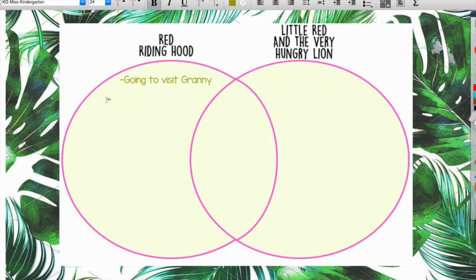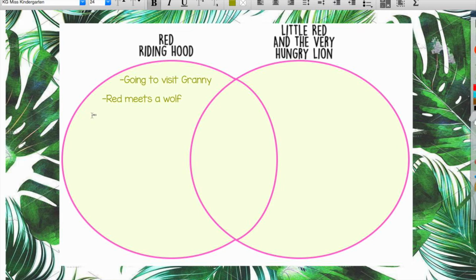Another difference that I saw in this story was who Red meets while traveling to her granny's house. When she was going through the woods, she came along a wolf. So I'm going to write that as my second difference. Red meets a wolf.